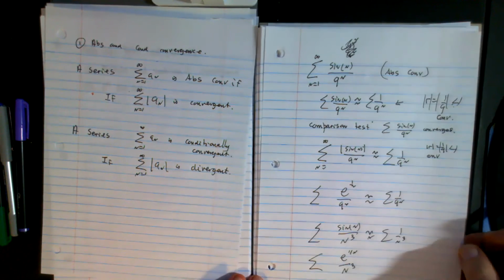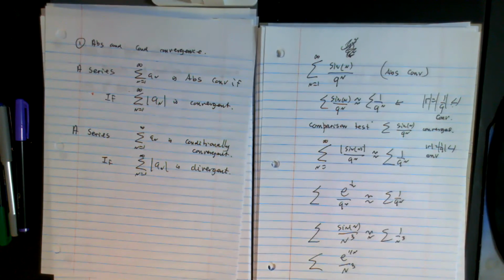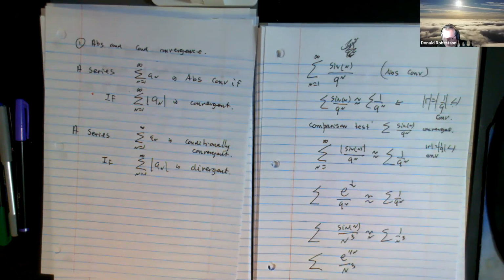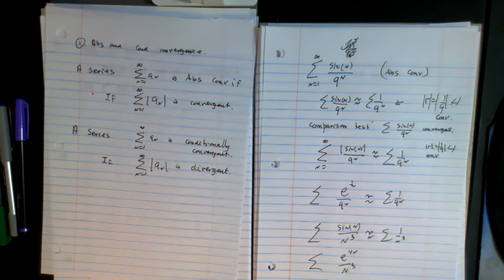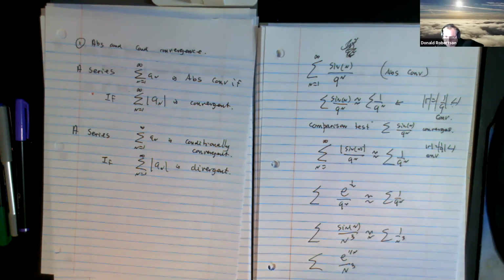So for the signs, you wouldn't have to do a sandwich, compare it to both 1 over 9 to the n and negative 1 over 9 to the n? Well, the way I can get away with that is because when I stick an absolute value around it, don't both of them become 1 over 9 to the n? Yeah, so that's for the second one. I'm talking about the first one.